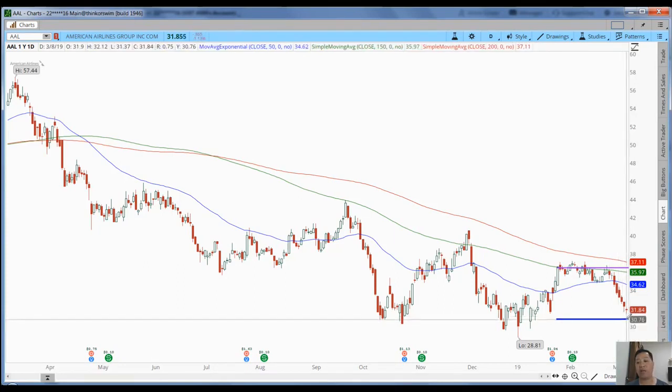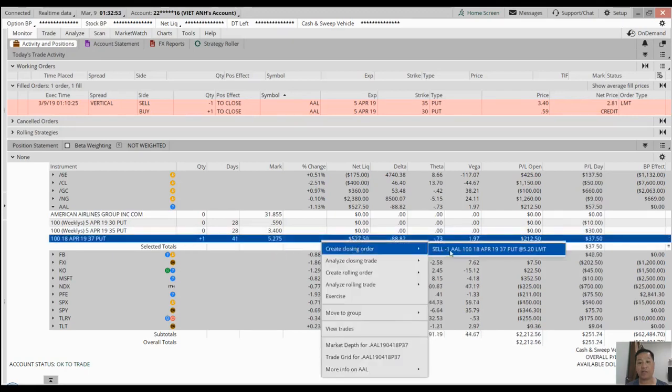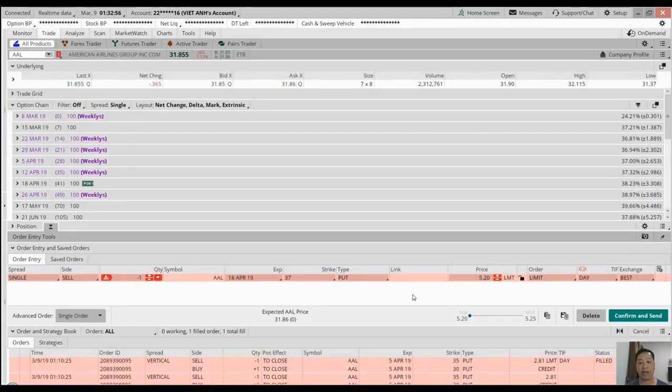Hopefully it will hit that target, and then I can execute the closing order, and I will show it to you later on. One thing I can do also, because the trading session is still going on, is just place an order to sell at the price that would double my profit.